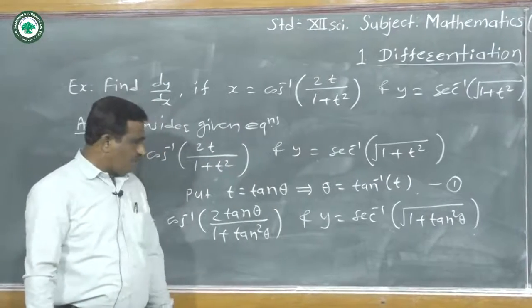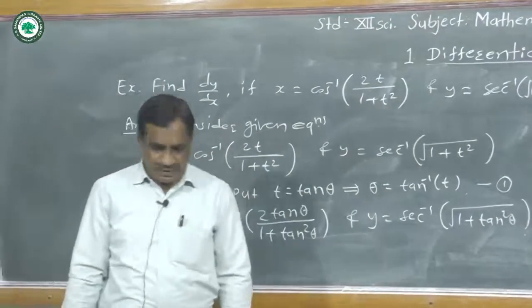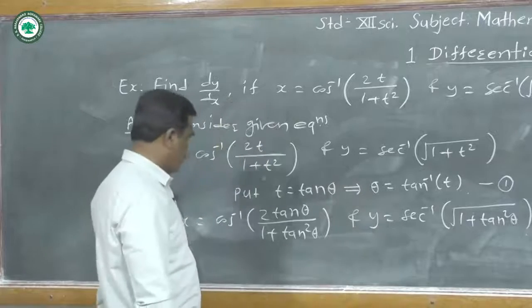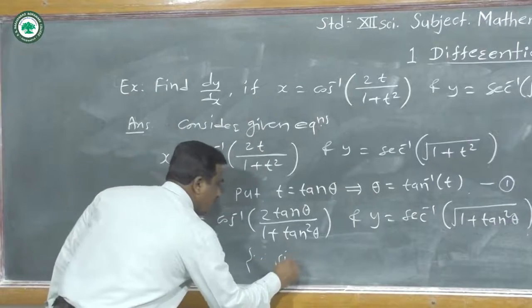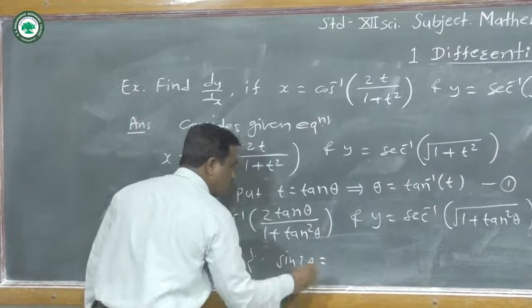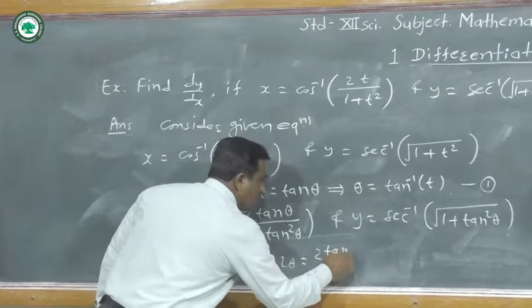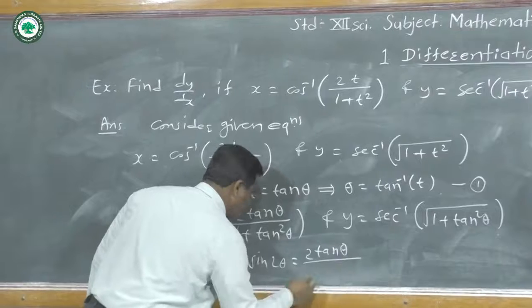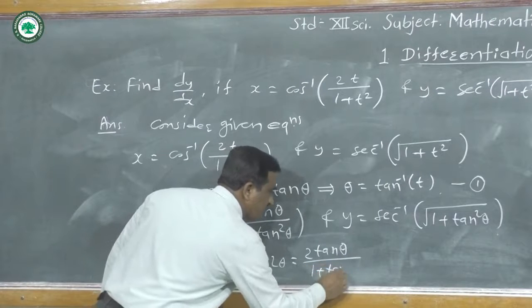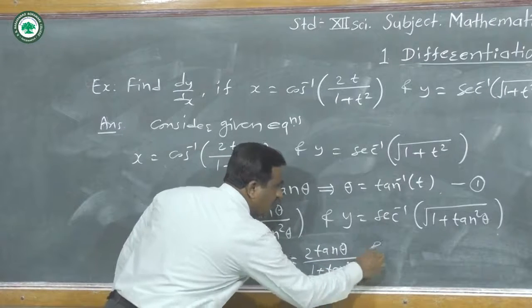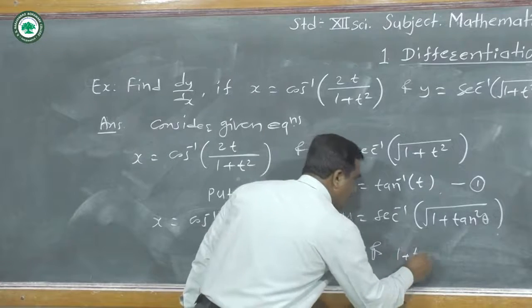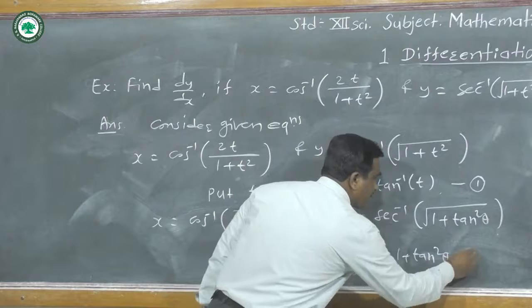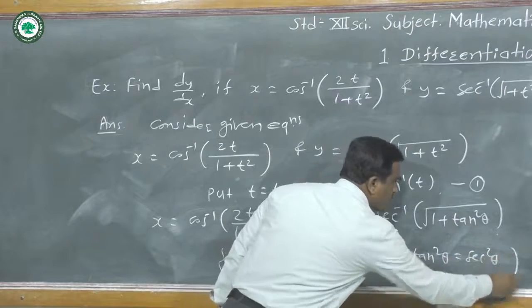Now we know that 2 tan theta upon 1 plus tan square theta is equal to sin 2 theta, and 1 plus tan square theta is equal to sec square theta.